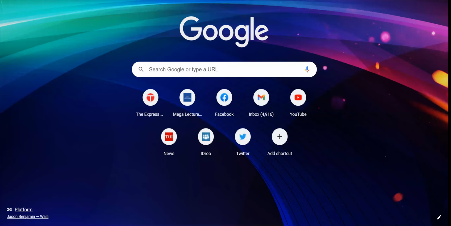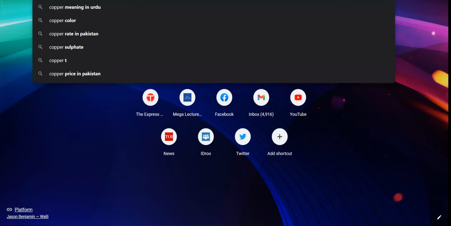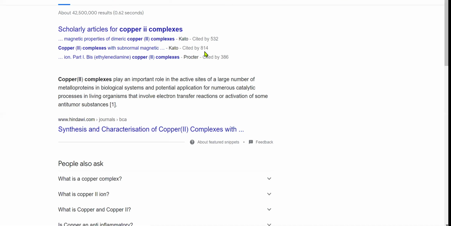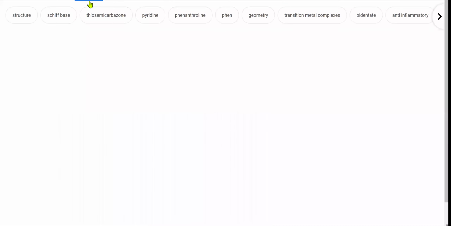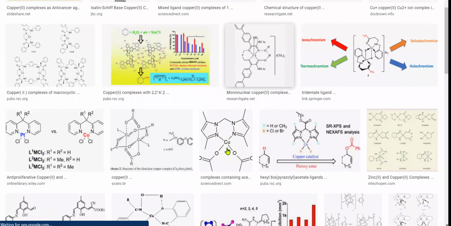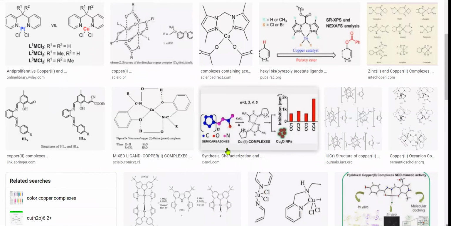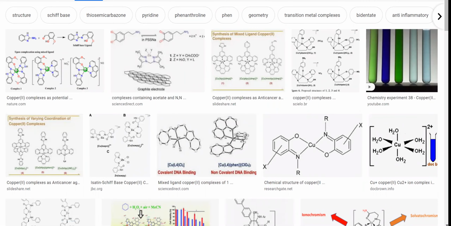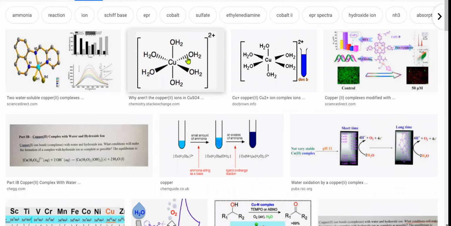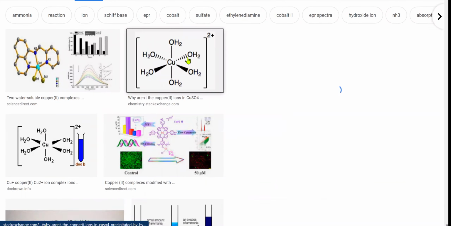Like the complexes that I'm going to show right now, for example, if you dissolve copper 2 in a solution with water, this is what it's going to look like.